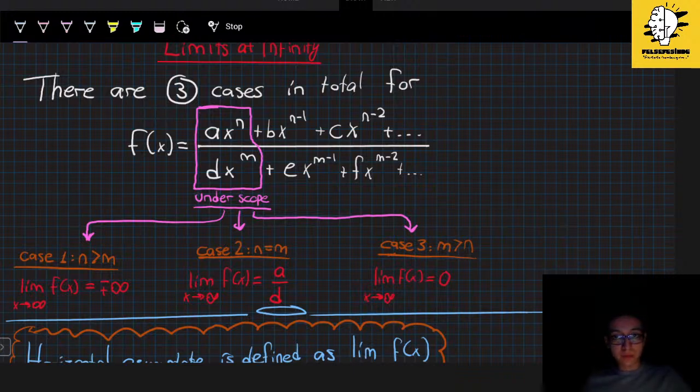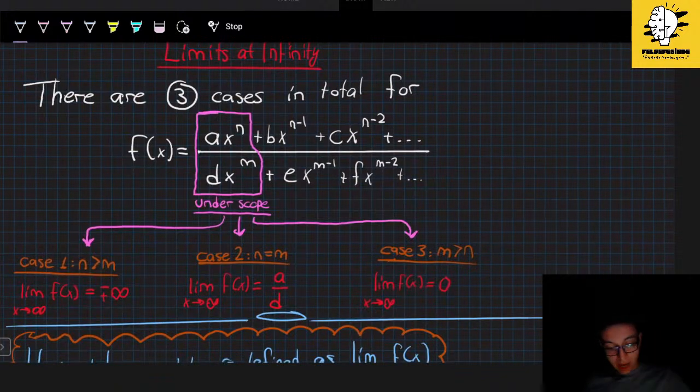Why? As x goes to infinity, the numerator gets bigger and bigger, much faster than our denominator. That's why it goes to infinity.